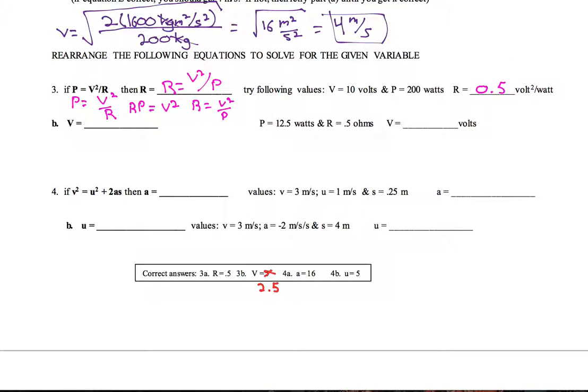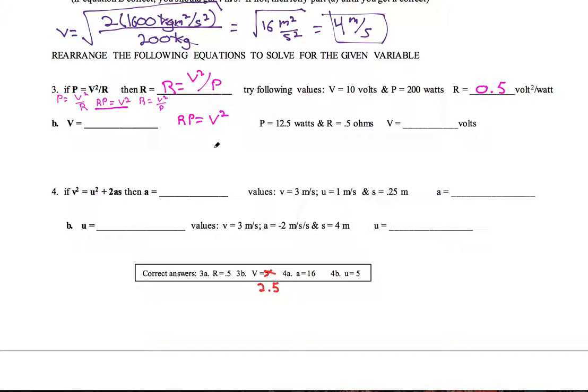All right, let me move this stuff out of the way. Shrink it. Put it right there. Okay. V is going to be, if we solve this equation right here for V instead of R, we could get this step just like we did up here, R P equals V squared.